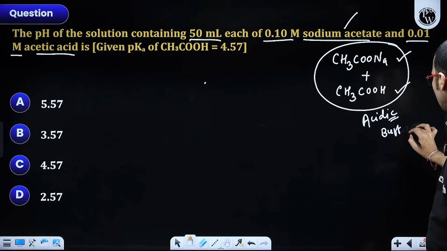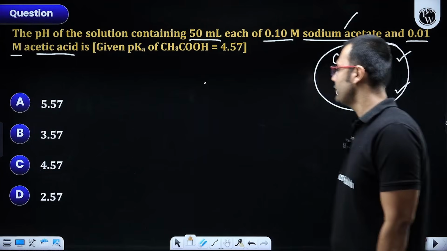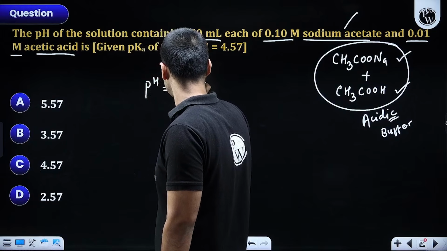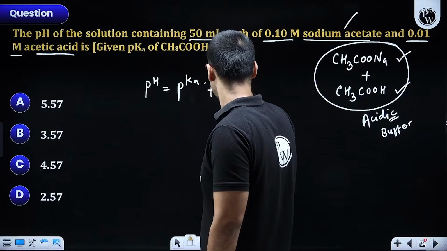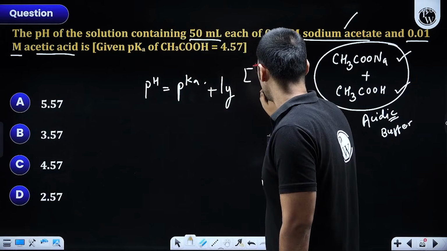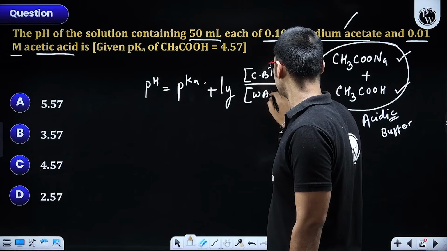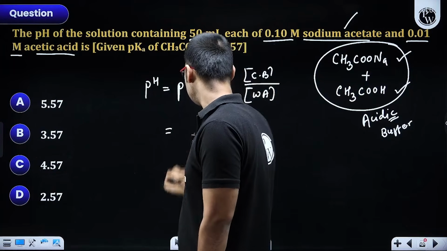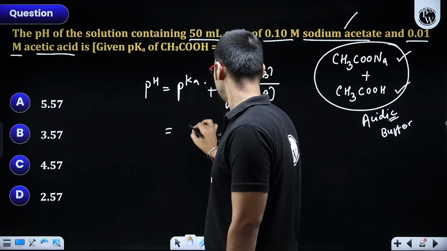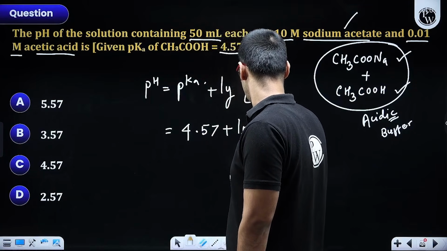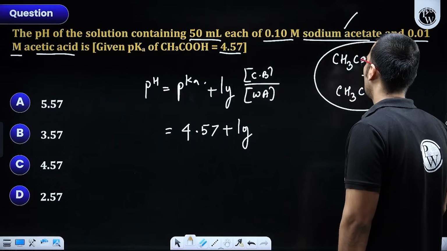And if it is an acidic buffer, to calculate pH we can directly apply this formula: pH equals pKa plus log of concentration of conjugate base divided by concentration of weak acid, right? Here pKa is given as 4.57, plus log of concentration of conjugate base, which you can obtain from the salt.